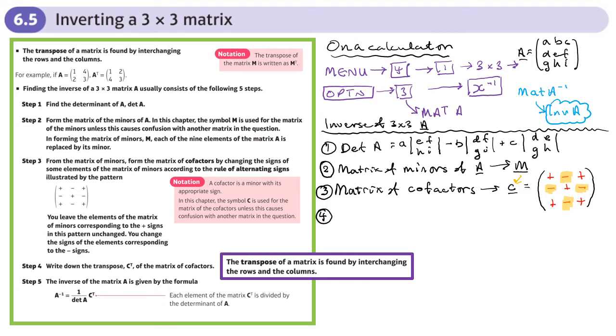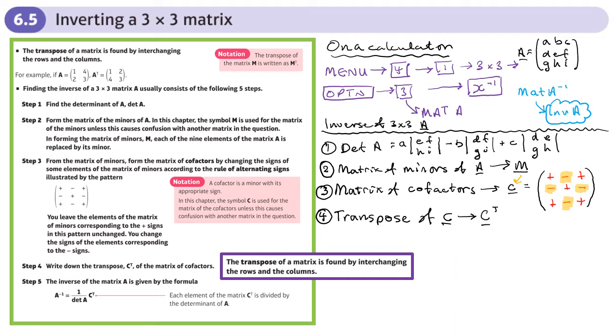And then what we do with our matrix of cofactors is that we now need to find what we call the transpose matrix. So we need to find the transpose of C, and C was this matrix of cofactors. The way we show that is C with a little T at the top.